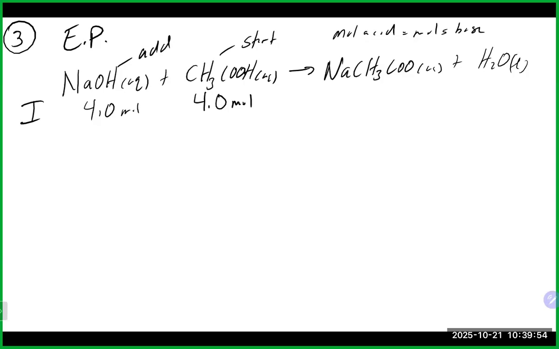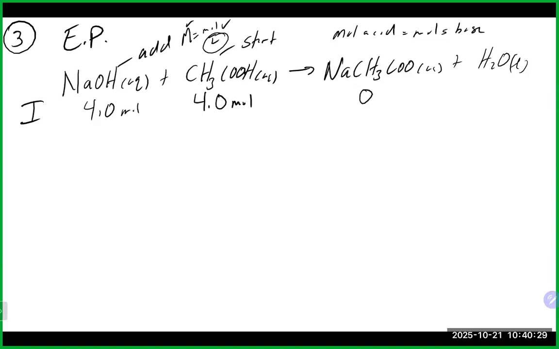We also know, just like we figured out right here in this table, that the moles of the sodium hydroxide should be 4. You most likely will also know the molarity of the sodium hydroxide. So you could just use the molarity equation or formula as well, because at that point you will know the moles and you'll know the molarity. You can figure out the volume that would be necessary to get you there. So again, there are multiple ways you could figure out the volume to reach the equivalence point. And again, sometimes they're not given to you.